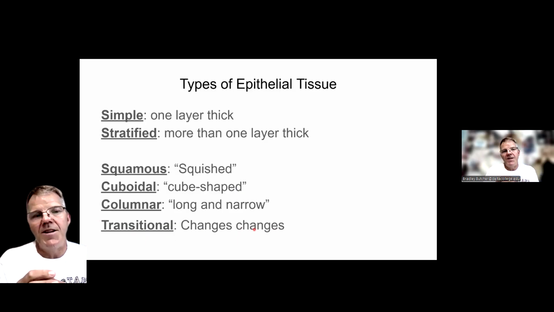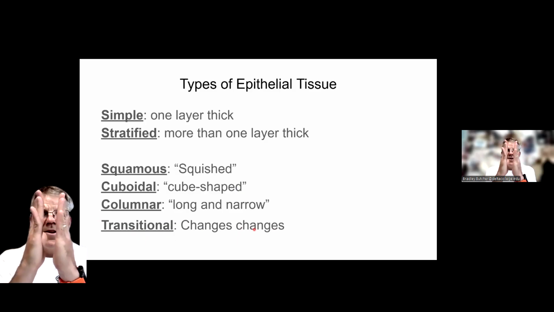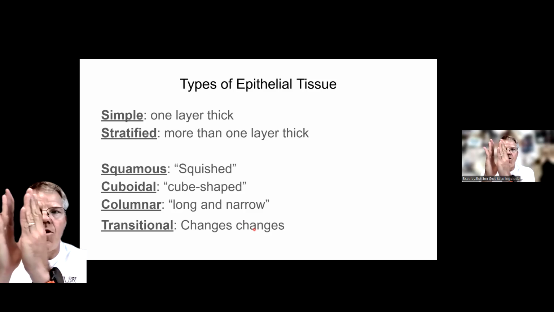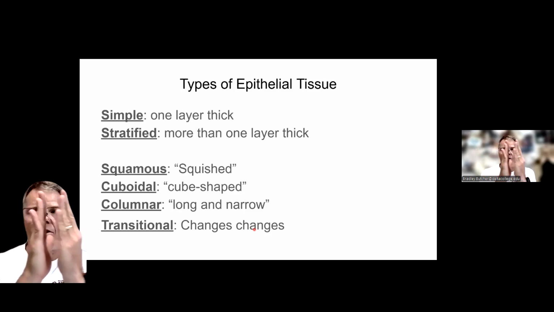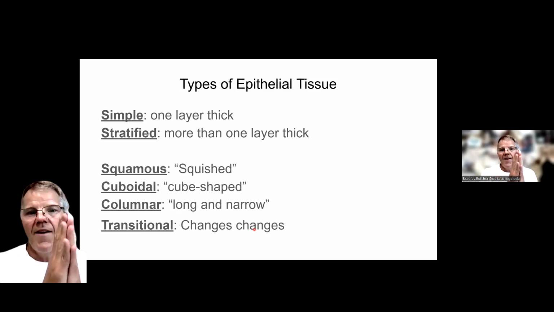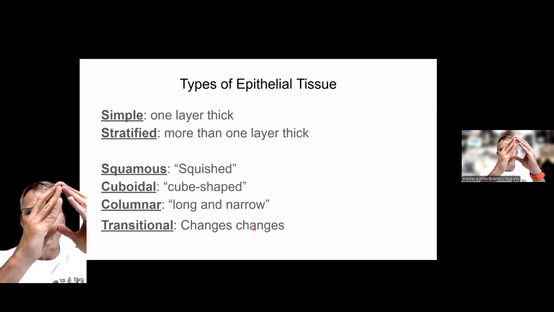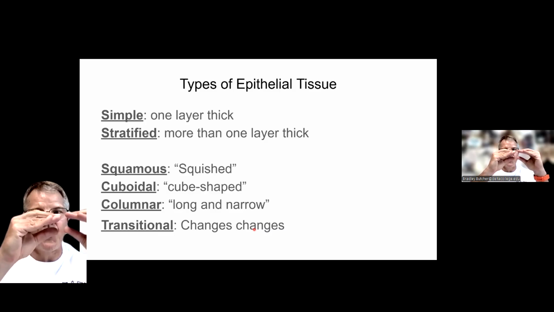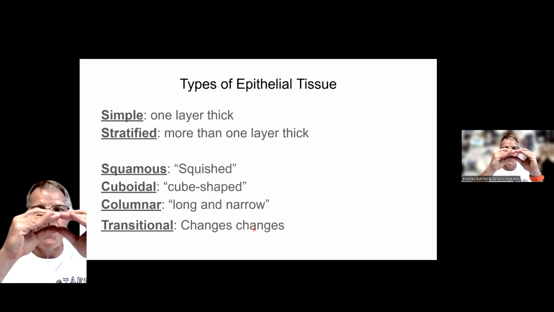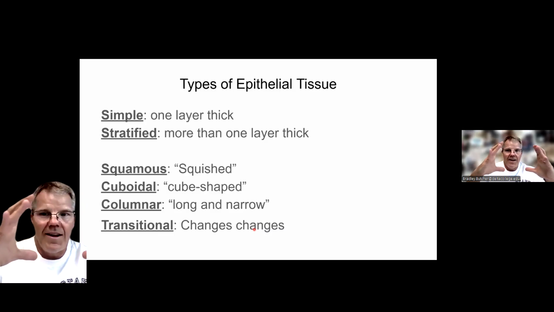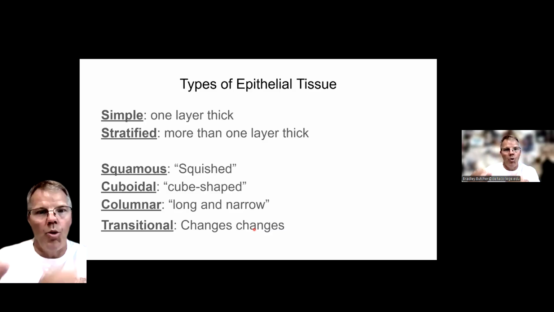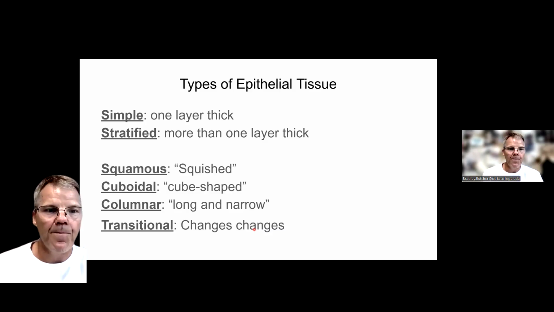When the bladder is empty, you have these tall, narrow, columnar looking cells all stacked next to each other. But when that bladder fills with liquid, those cells need to transition and stretch out into squamous looking cells. And so that allows the bladder to hold all that fluid. So that's transitional epithelial tissue.